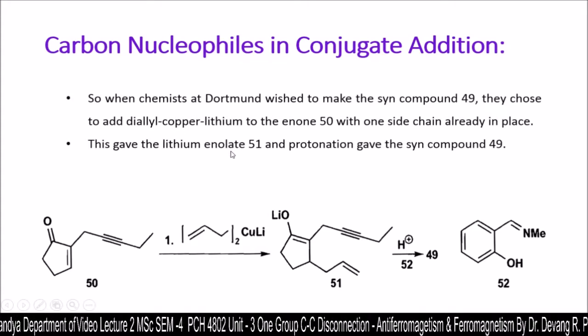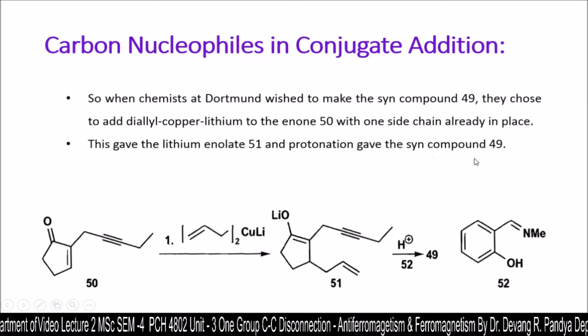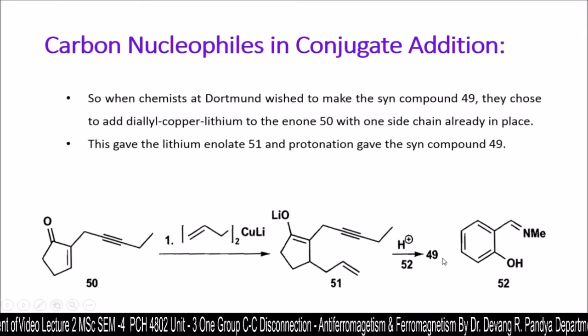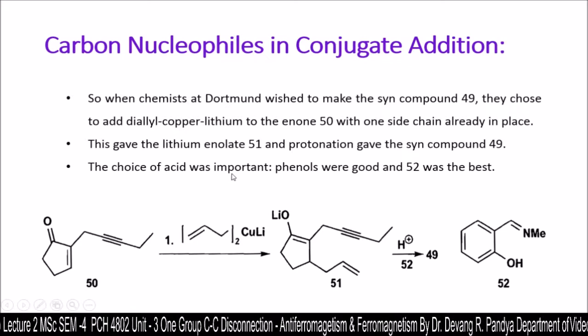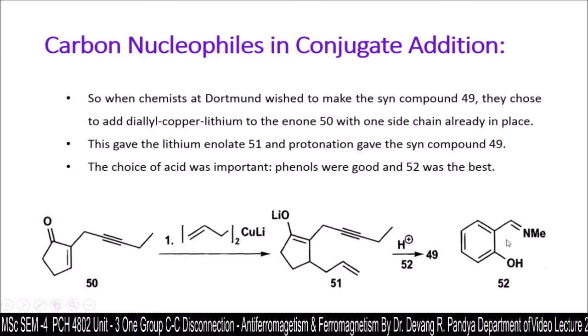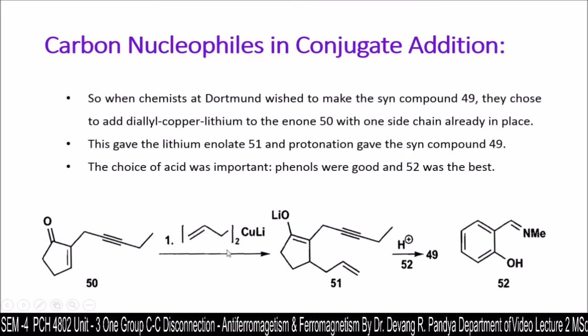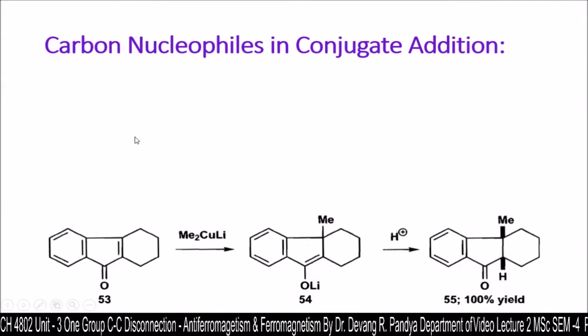This gave the lithium enolate 51, and protonation gave the syn compound, that is 49. The choice of acid was important. Phenol was good and 52 was the best. This one is the very best compound to use here to form this compound 49.